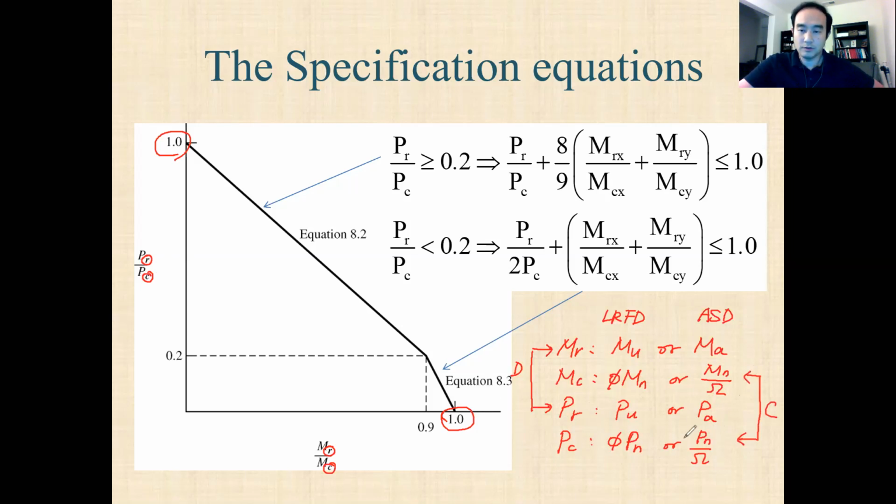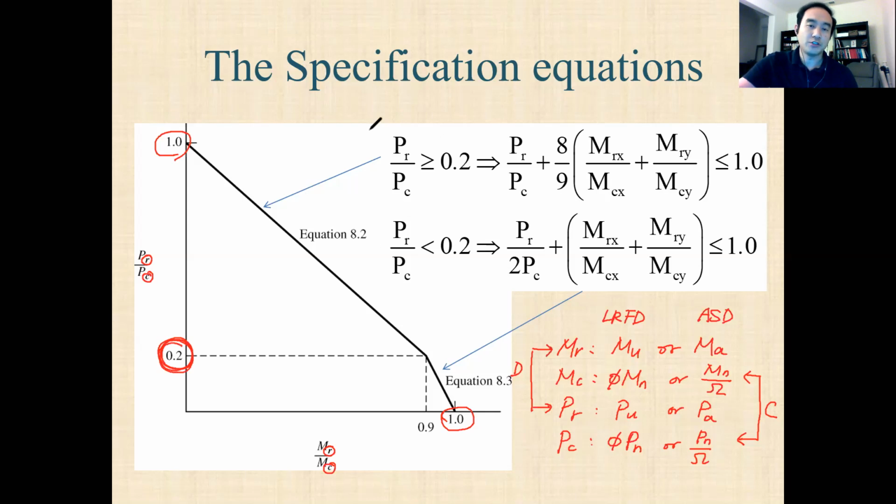And we have to say that we always compare the capacity and demand. In this case, we're going to take the ratio between capacity and demands to create this interaction diagram. And this point 0.2 is the guideline.